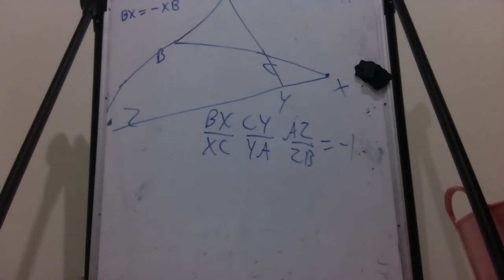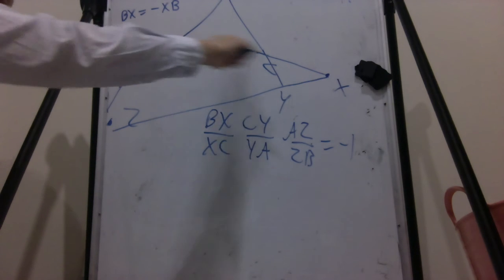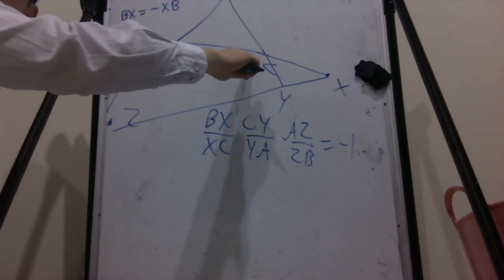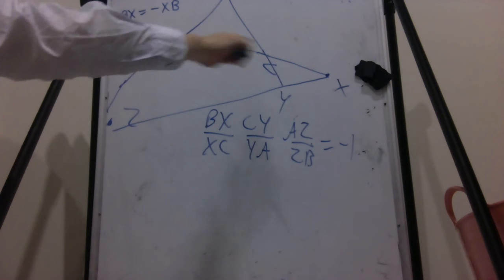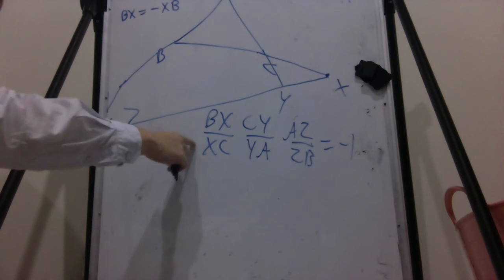Does that make sense? Can you see that BX is in the opposite direction to XC? So this ratio should be negative.